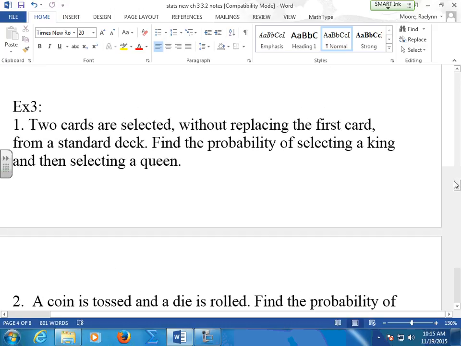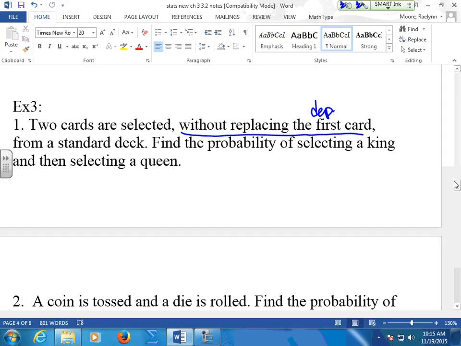So 2 cards are selected without replacing the first card. Without replacement, is this dependent or independent? Sorry, dependent. 2 cards selected. One we keep, then we take another one.